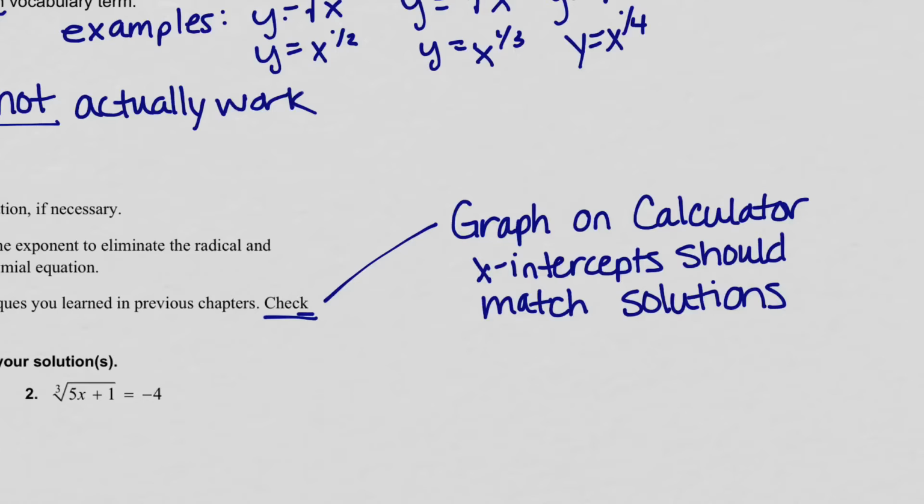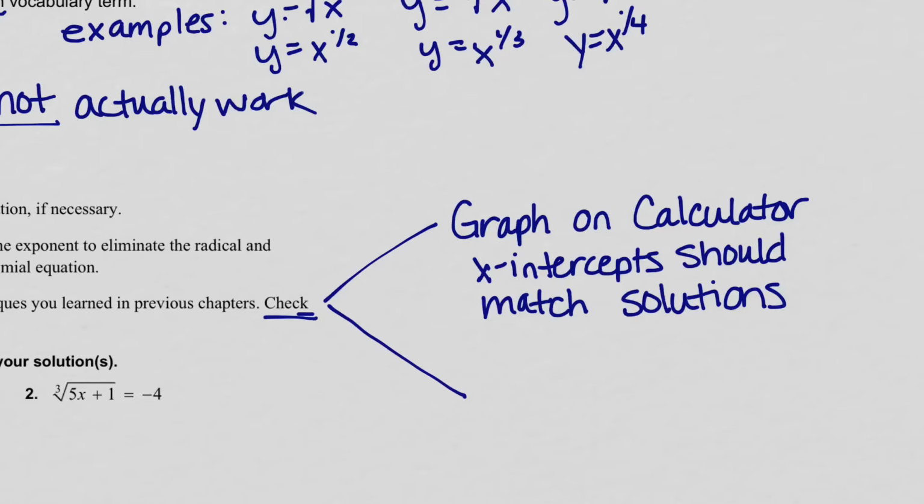If you get one answer when you solve it, and you graph it, and that is where it crosses the x-axis, that was correct. If you get an answer and the graph doesn't actually cross the x-axis at all, that means that's one of those extraneous solutions. If you get 2 answers and one of them shows up on the graph as crossing the x-axis, then the other one is extraneous, and that's how you can use graphing.